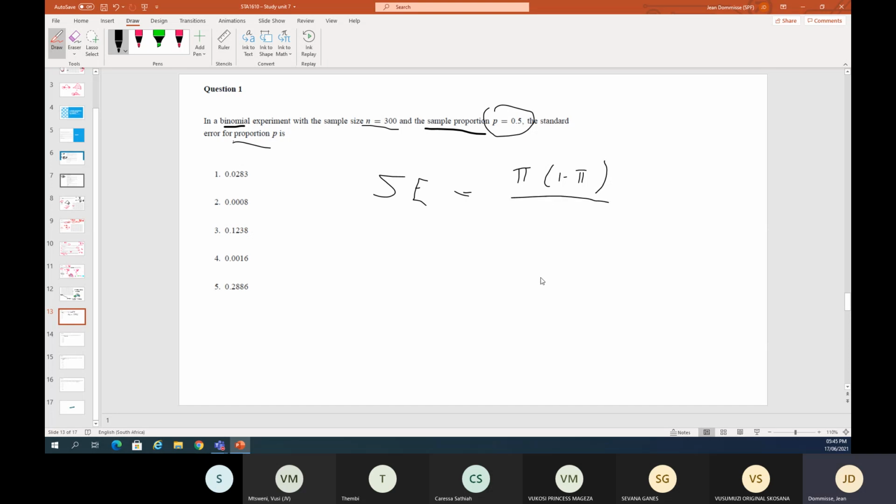So what is interesting now is that we need to work out the standard error of P, very similar.